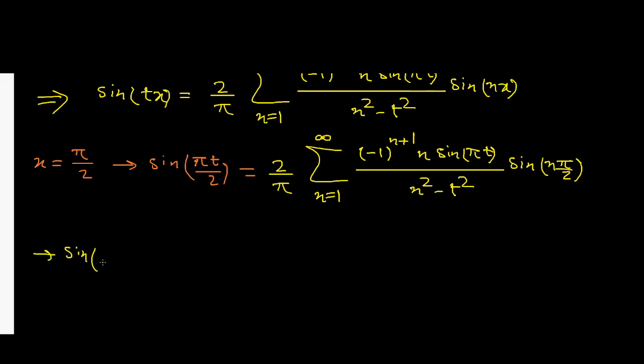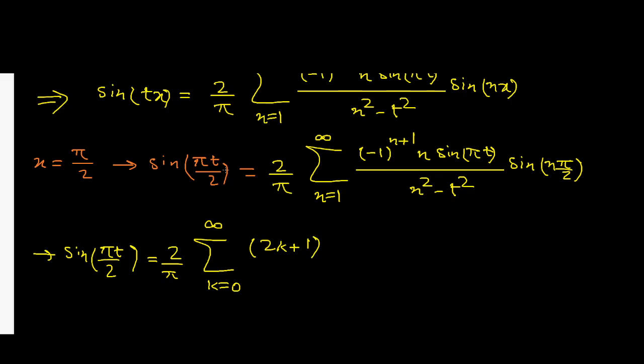So we get sine of pi t over 2 equals 2 over pi times the series. I can change that to k, it doesn't really matter, it's just a letter. But okay, k starts from 0, goes to infinity. We have negative 1 to the power of n plus 1. And if n is odd, then n plus 1 is even, and negative 1 raised to an even power is just 1. So nothing there. And this n changes to 2k plus 1.